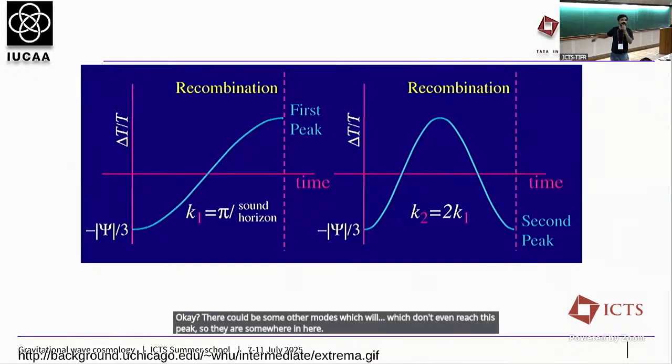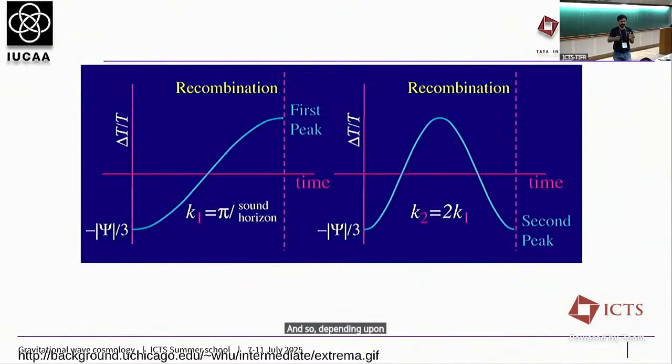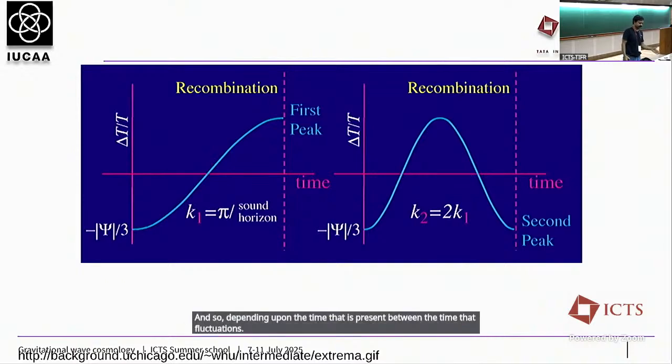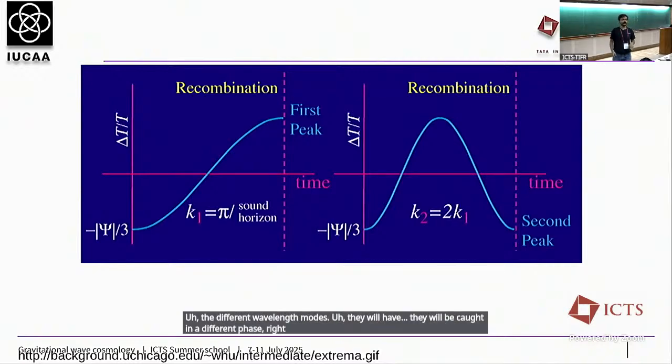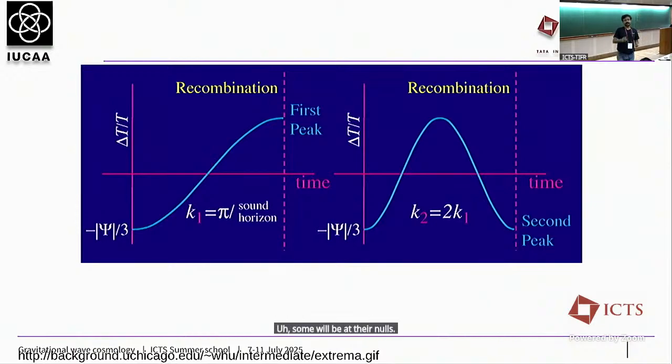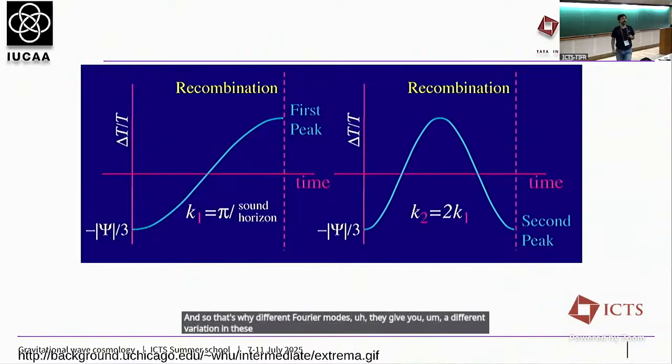Depending upon the time between when the fluctuations were initialized and when recombination happened, the different wavelength modes will be caught in a different phase. Some will be at the peaks of their amplitude, some will be at their nulls, and some will be somewhere in between. That's why different Fourier modes give you a different variation in these temperature fluctuations.